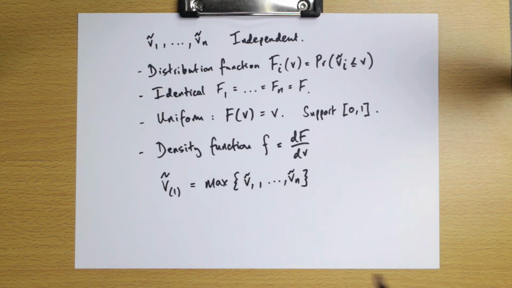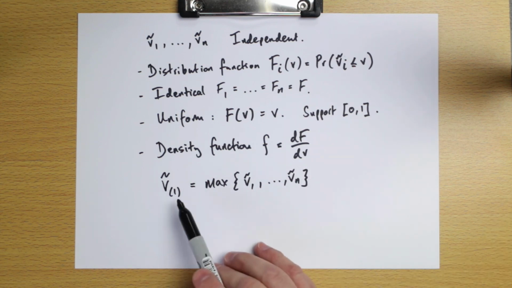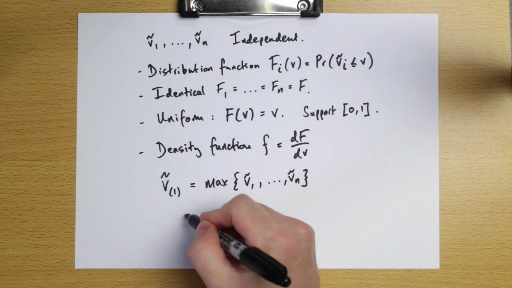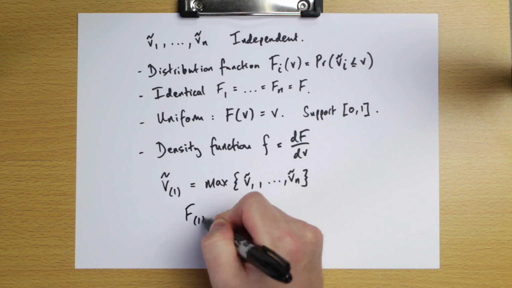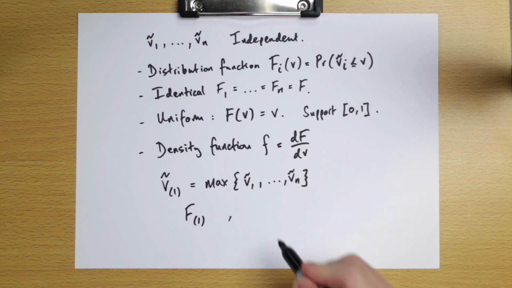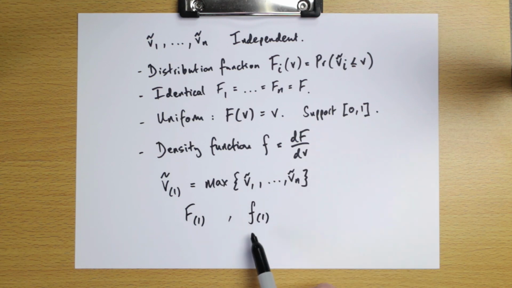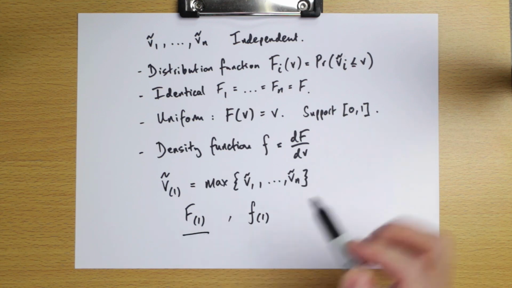You can think of the first order statistic itself as a random variable. In order to understand it, we need to know its distribution function, which we'll denote F_1, and its density function, which we'll denote lowercase f_1. Once we know these two things, we'll be able to calculate, for instance, the expected value of our first order statistic. So let's figure out what this looks like.